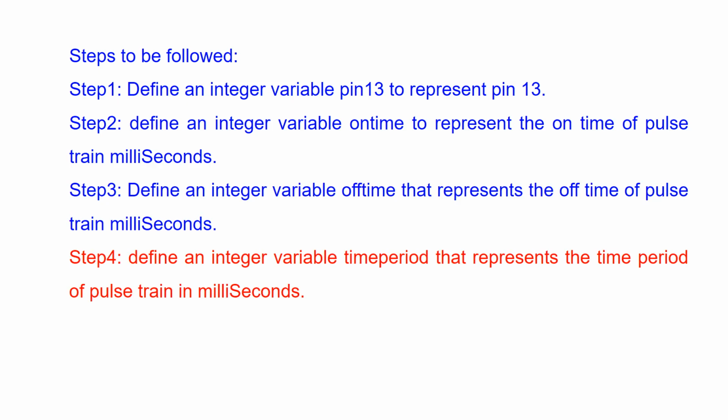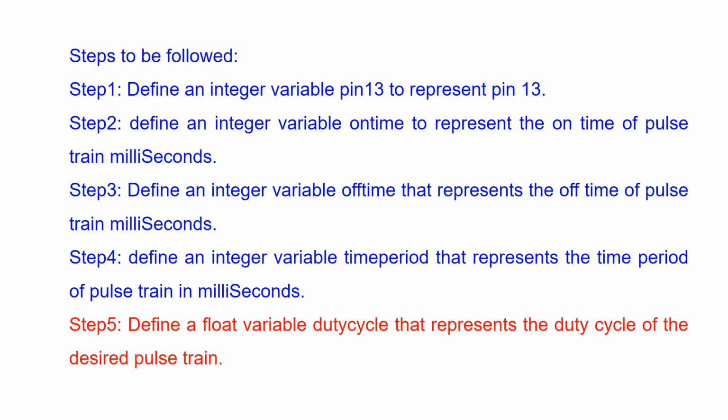Step 4. Define an integer variable named time period that represents the time period of the pulse train in milliseconds. Step 5. Define a floating point variable named duty cycle that represents the duty cycle of the desired pulse train.